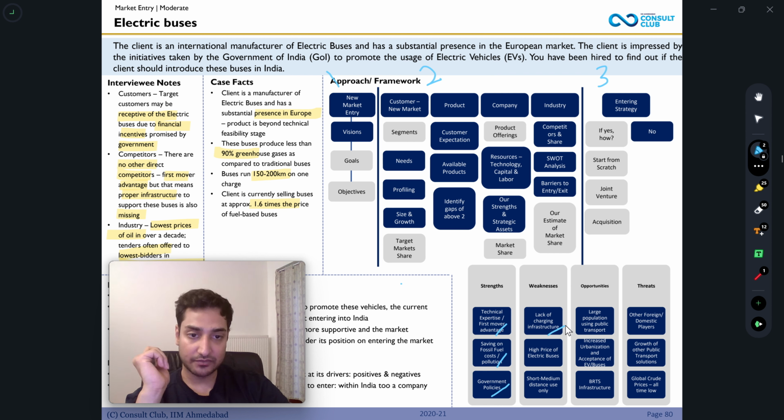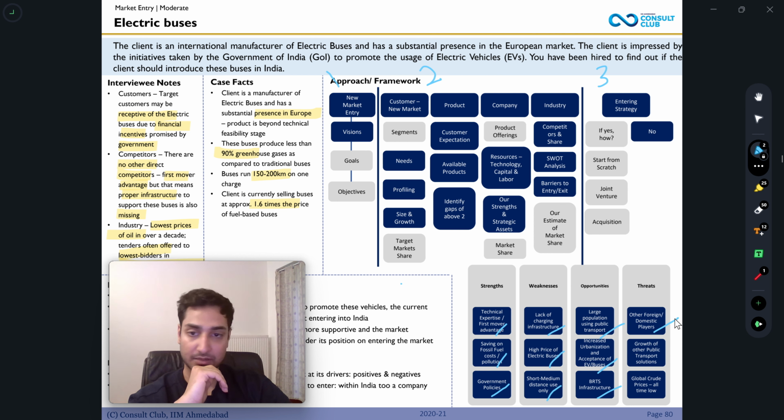Weaknesses were lack of charging infrastructure, high price of electric buses, and short to medium distances only, which is the limitation of electric buses. The opportunities are a large population using public transportation, increased urbanization and acceptance of EV buses, and BRTS infrastructure, which has very well-defined bus stops and stations for any bus operator to operate.